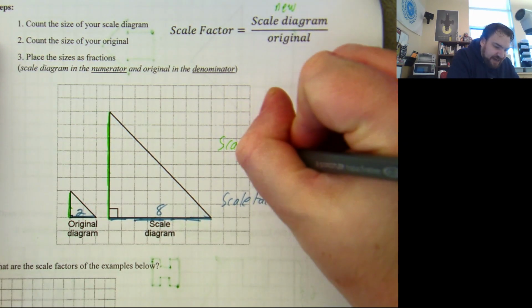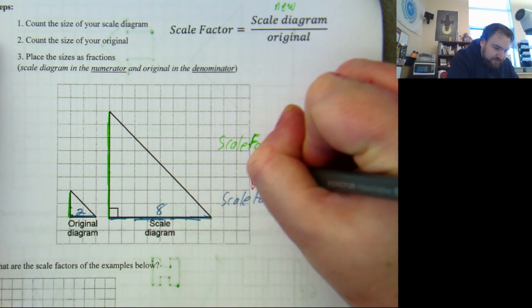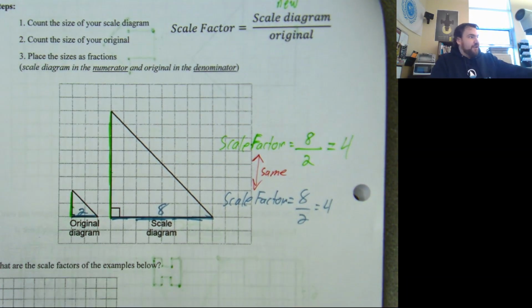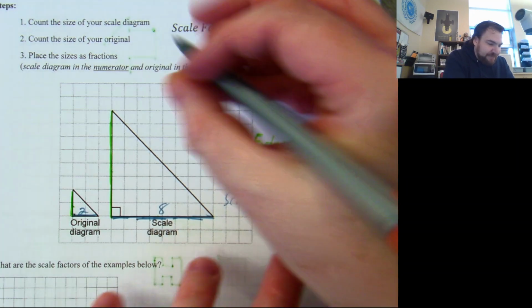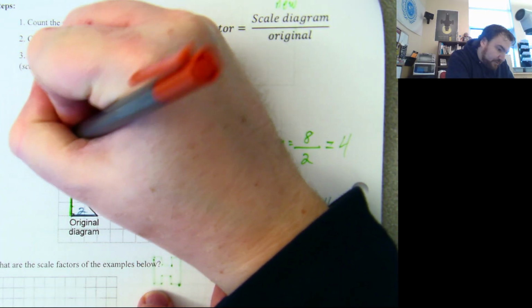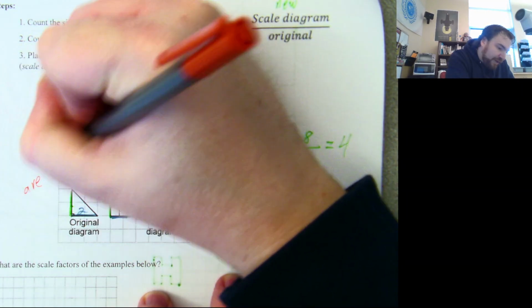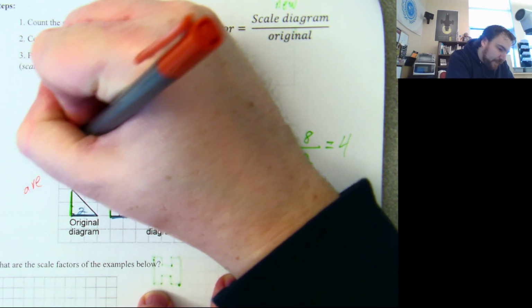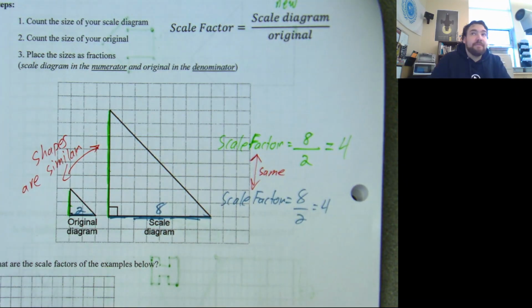If the scale factors for all the sides are the same, it means that these two shapes are what we call similar. There's a mathematical definition for that word similar, and this is what it is.